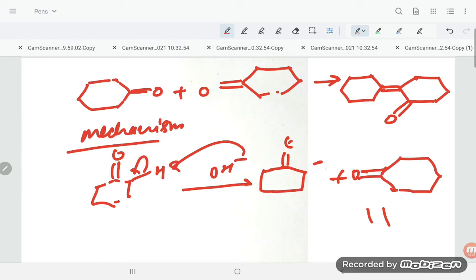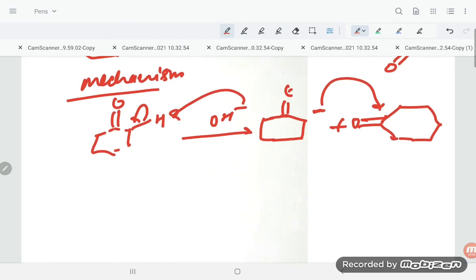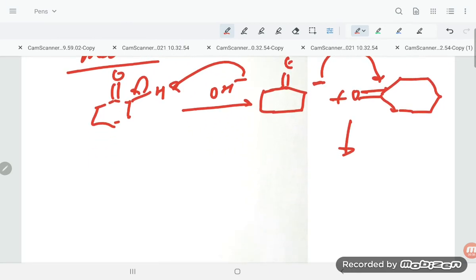This negative charge is going to attack the carbonyl carbon, dear students, and the C=O bond is splitting. So let us see how the intermediate is going to form, students.